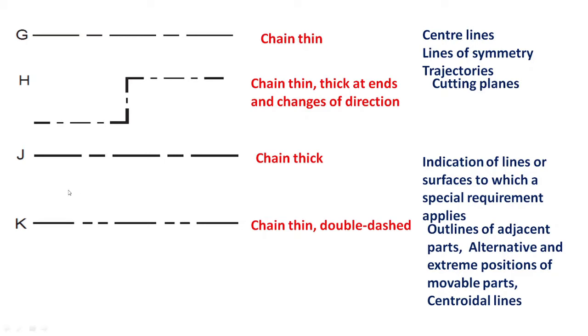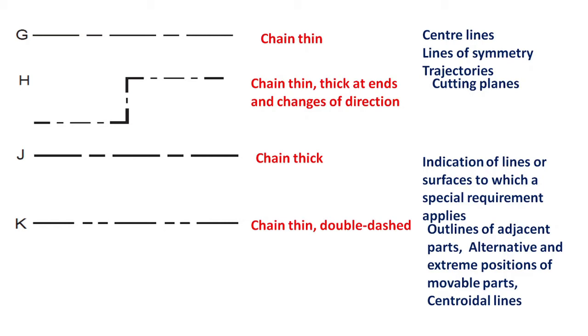The next line type is chain thick. It has a long dash, short dash, long dash, short dash. It is used to indicate lines or surfaces to which a special requirement applies, for example a machining condition or some other machining operations.